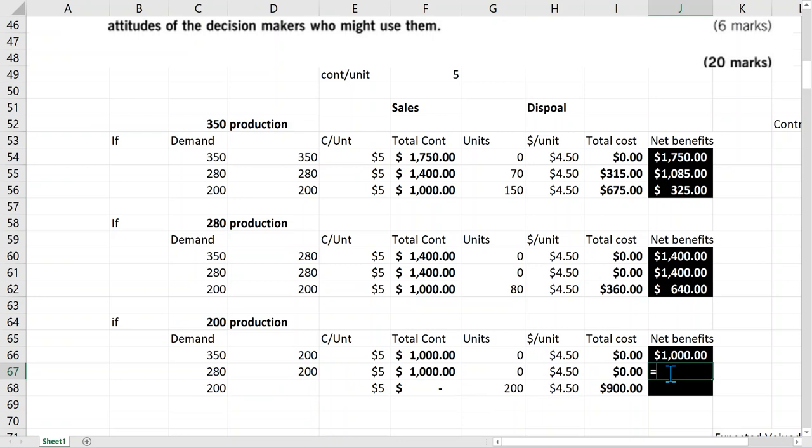So net benefit again 1,000. If demand is 350, again the same situation. So if we produce 200, we can make up to 1,000 profit.